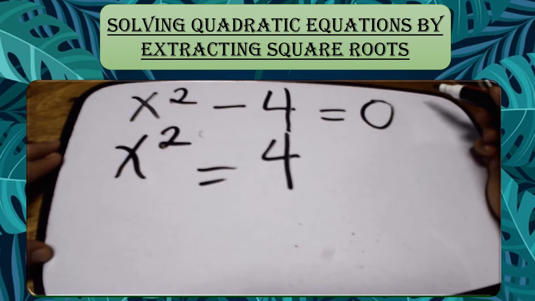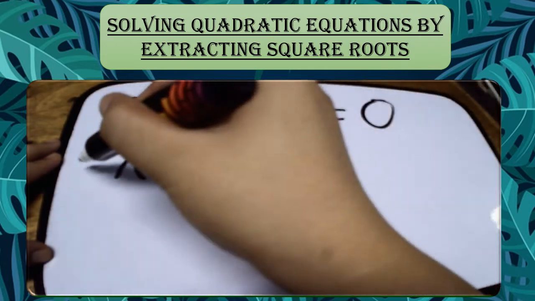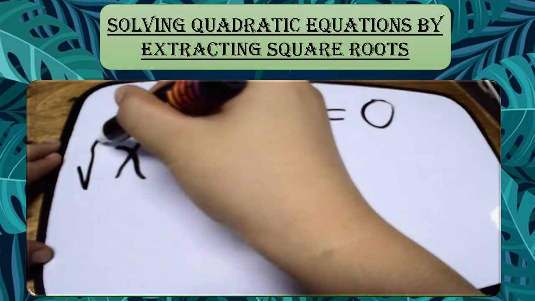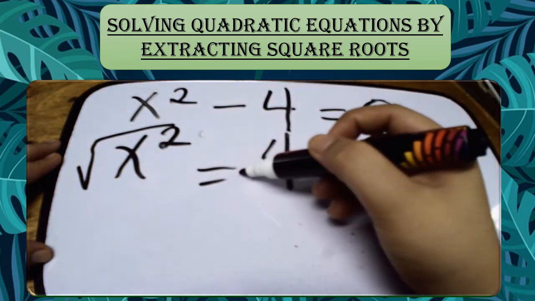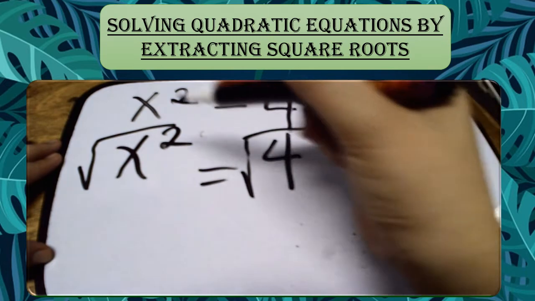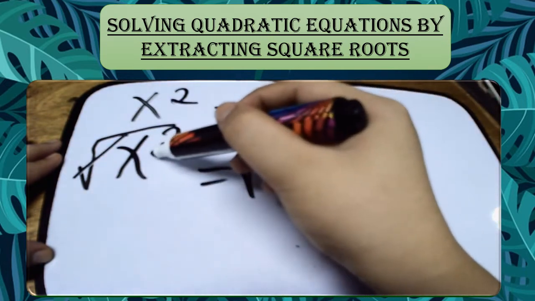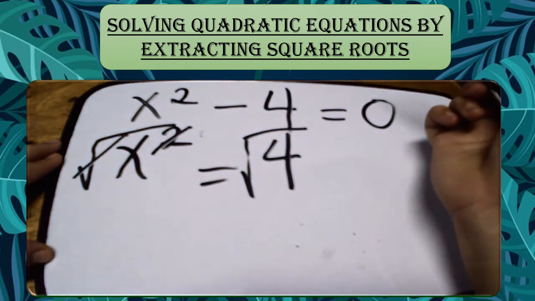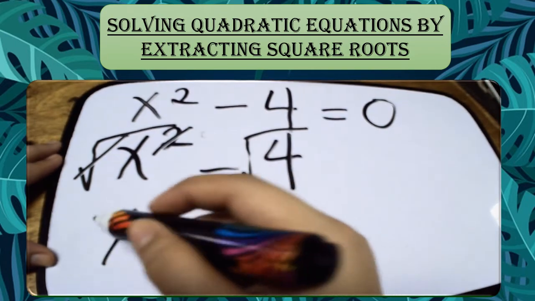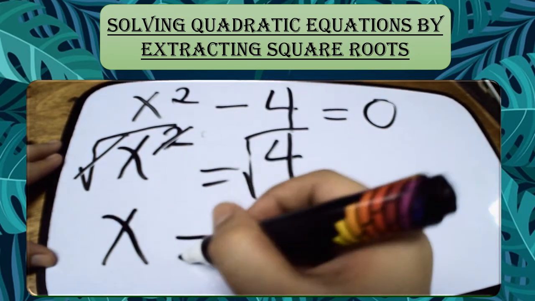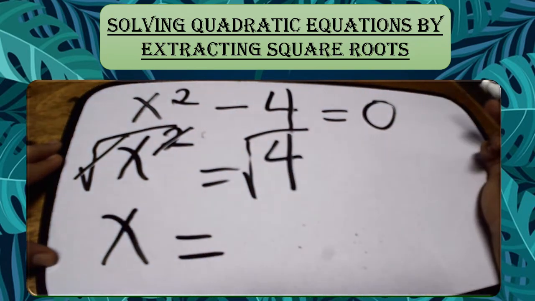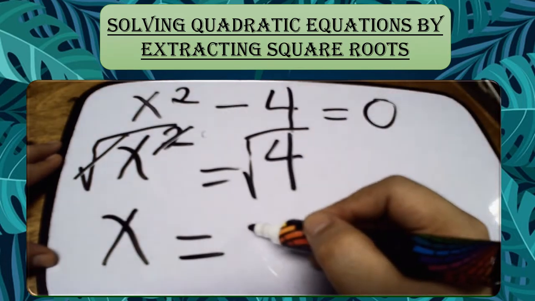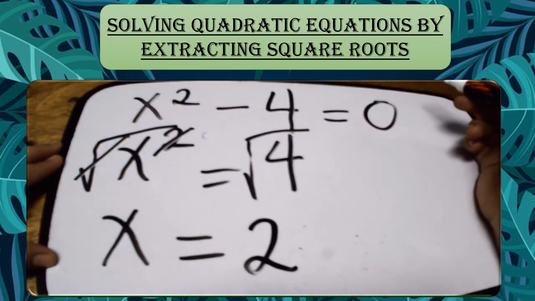To get the value of x, just put a square root on both sides: square root of x squared and square root of 4. Cancel the square. Copy x is equal to the square root of 4, which is 2, since 2 multiplied by 2 is 4. But it is not yet done.